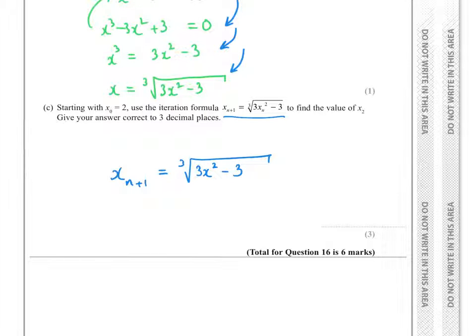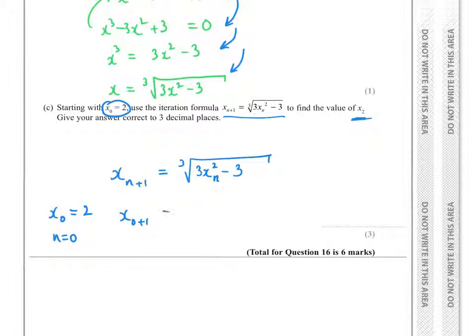I won't go into all the details right now, but basically we want to find the value of x subscript 2. So we've got to use our first value, so there's subscript n there, forgot to write that. So when we have here our first initial value of 2, that's when n is 0.